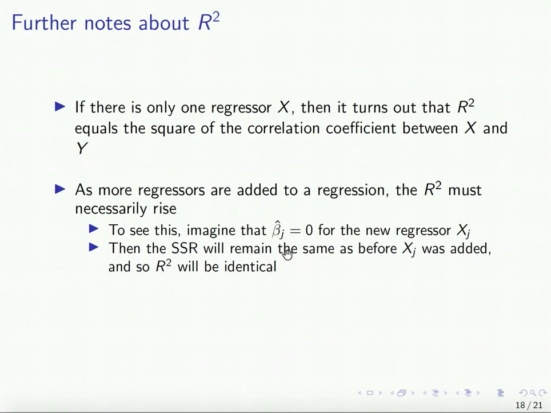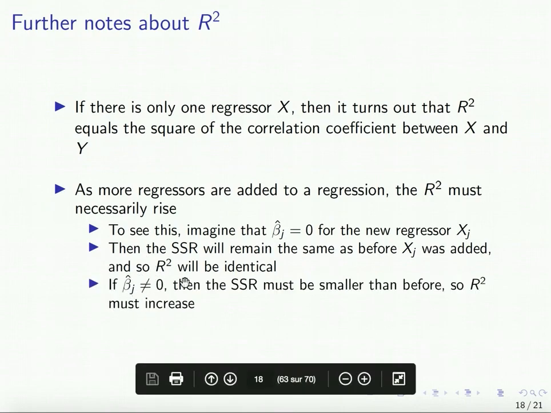If your beta hat is zero, then the contribution xj has on your y hat is just zero. So it doesn't change the sum of squared residuals as compared to the same specification without xj. So in the end, your R squared will be identical.